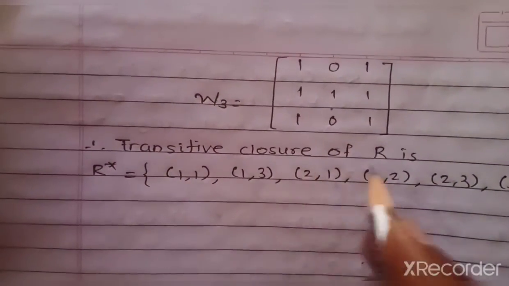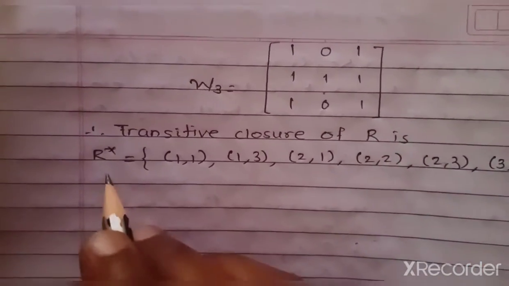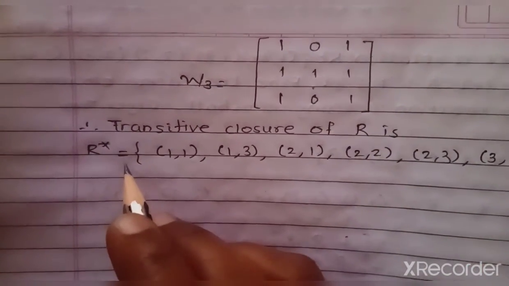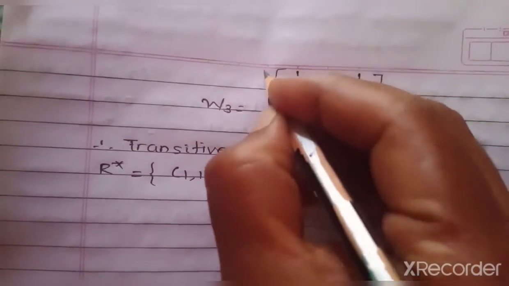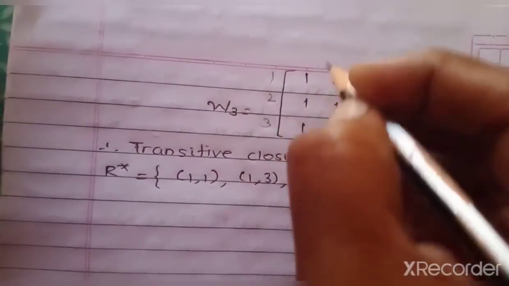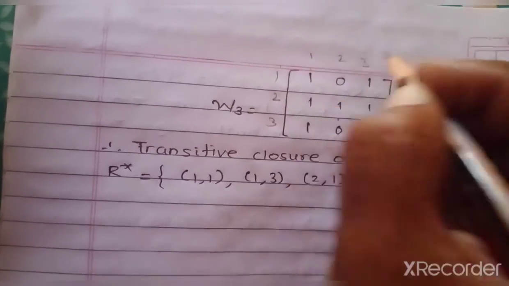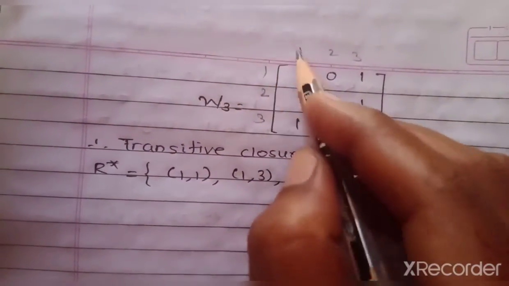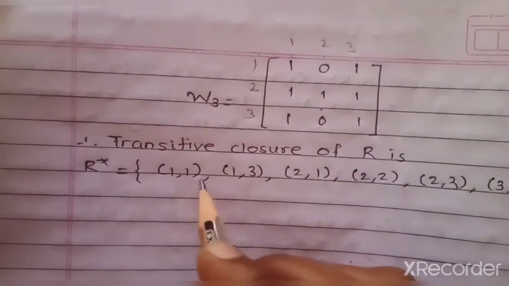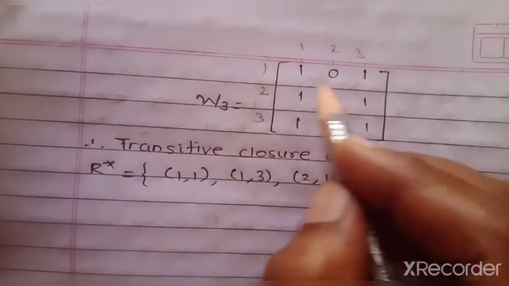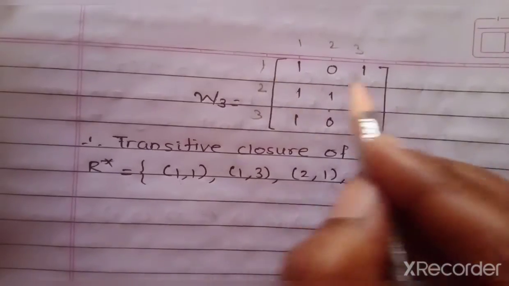And by using this we write down the transitive closure of R, which is R star, equal to... See here, on which positions there are ones. Write down 1 2 3 first of all. See, 1 1 is a 1, so write down the ordered pair 1 comma 1. Here is also 1, so 1 comma 3.